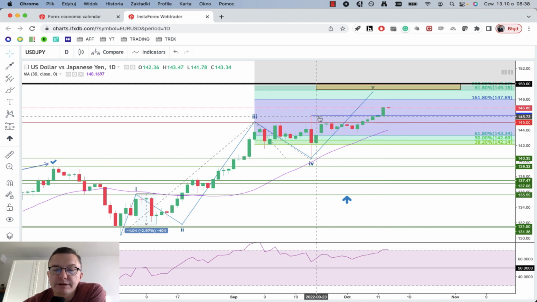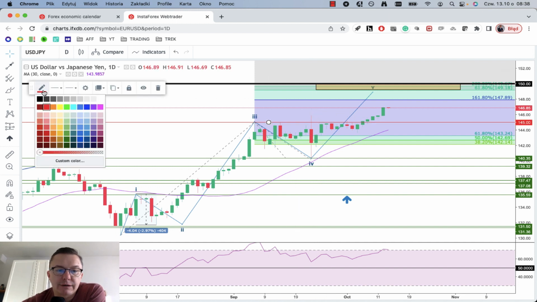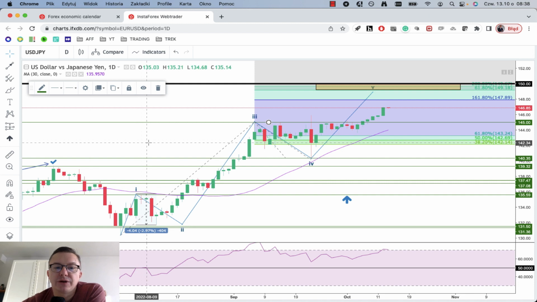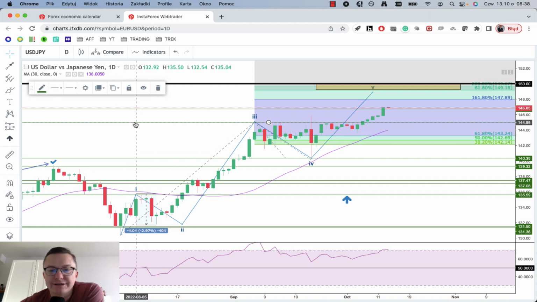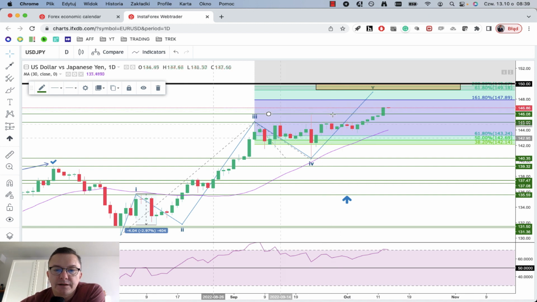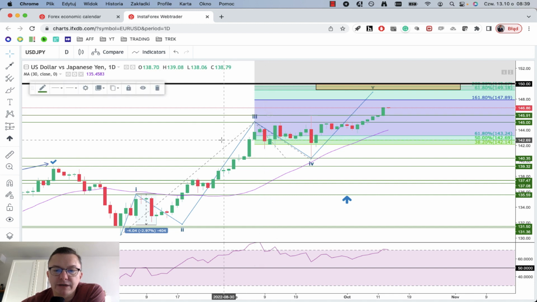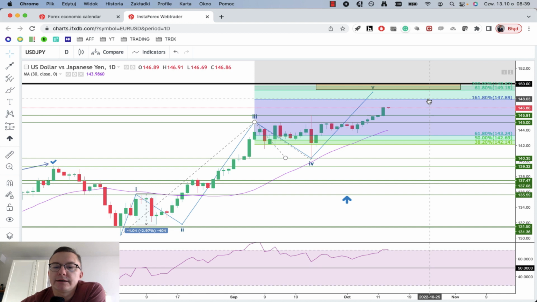Very, very nice movement by the bulls. Right now I'm changing these levels to another technical support. Oh boy, the US dollar index is going up, and it looks like the US dollar to Japanese yen pair will soon hit our target level. Very nice setup, working exactly as planned.